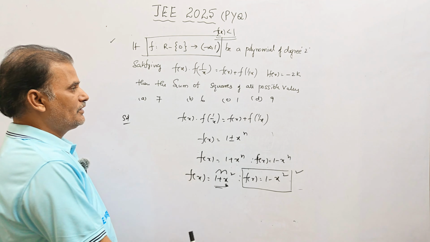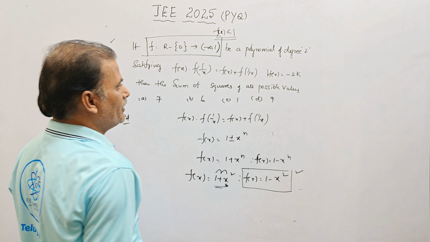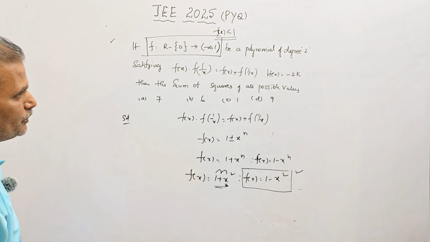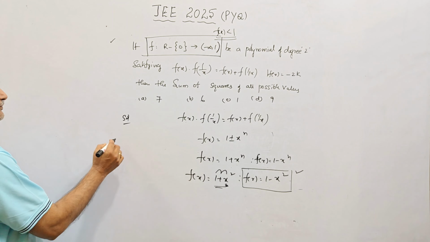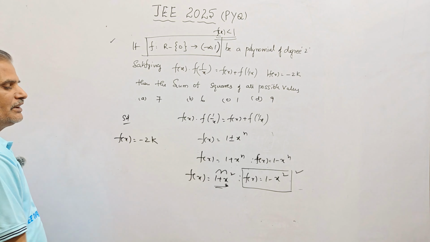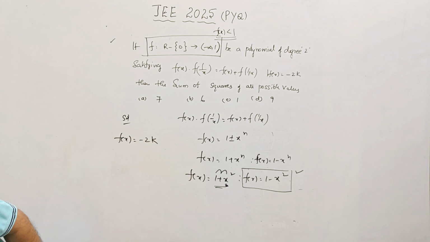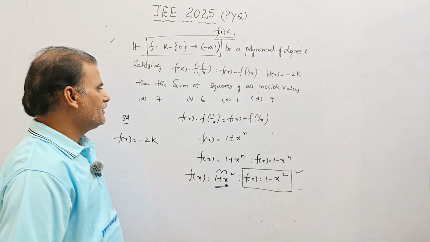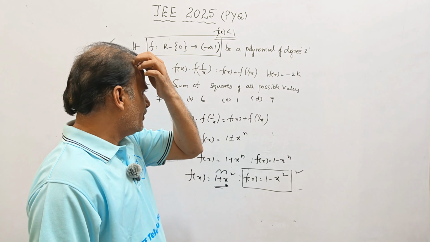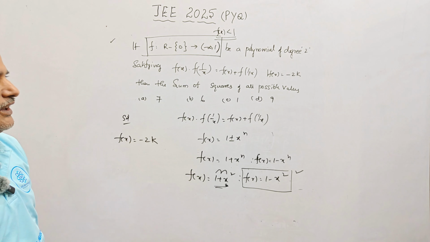If f(x) = 1 − x², now we see f(x) = −2k. One condition is given. Now the problem is in k, therefore we have to find the f(x) in the form of k.